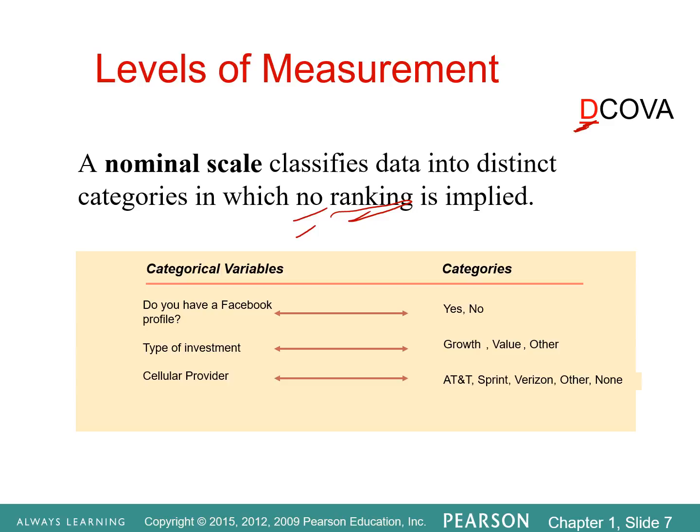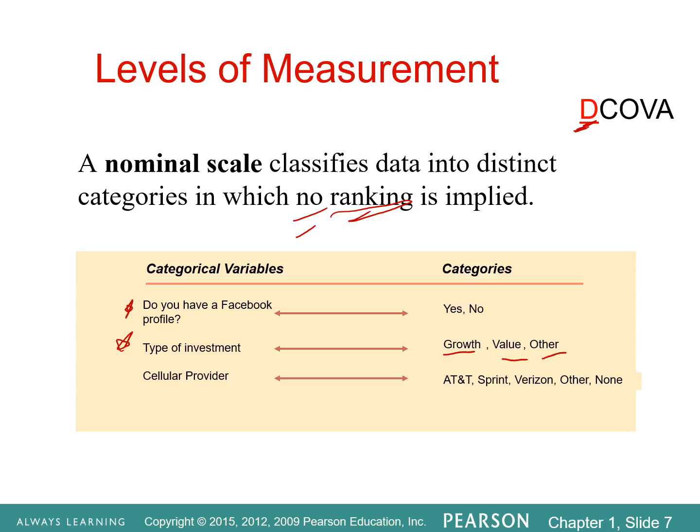So an example is, do you have a Facebook profile? Your question to a group would be, do you have a Facebook profile? And their answer would be yes or no. What types of investment do you own? Growth, value, or other.